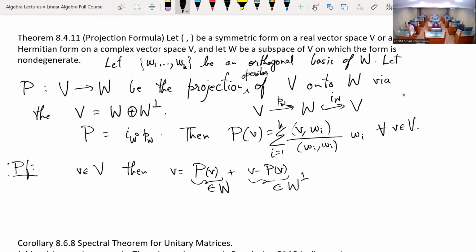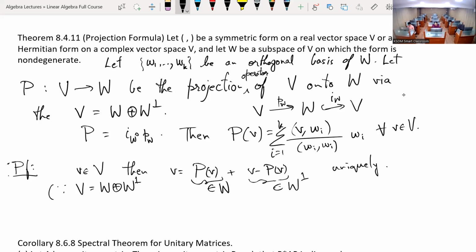Yeah. So whenever you have this direct sum, since V is W direct sum W perp, you can uniquely write it like this. So all I have to show is that this sum satisfies this property.